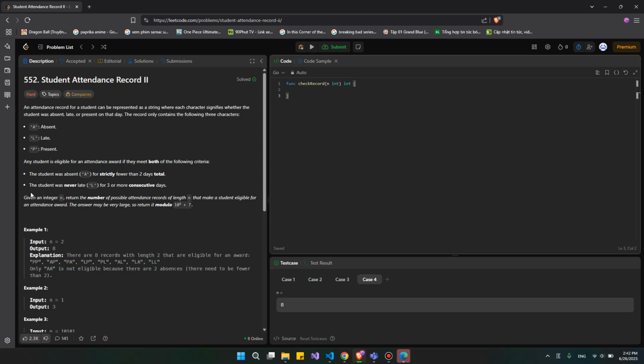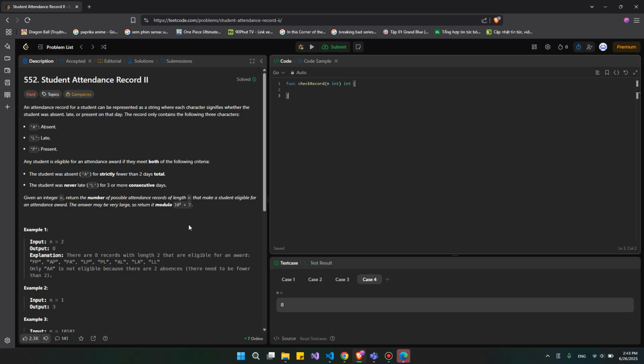Second, the student was never late for 3 or more consecutive days. Okay, so given an integer n, return the number of possible attendance records of length n that make a student eligible for an attendance award.